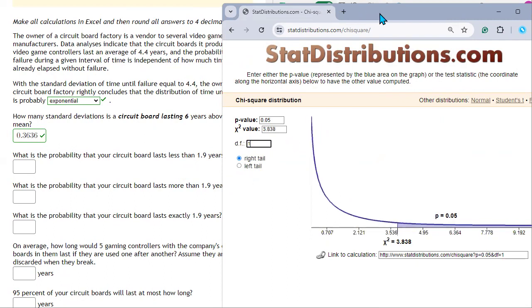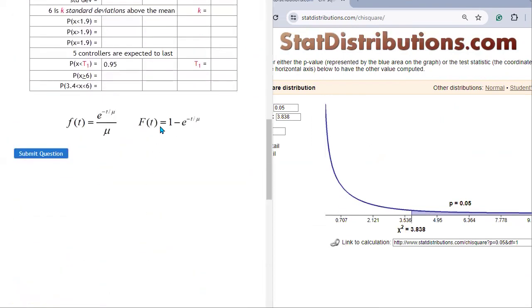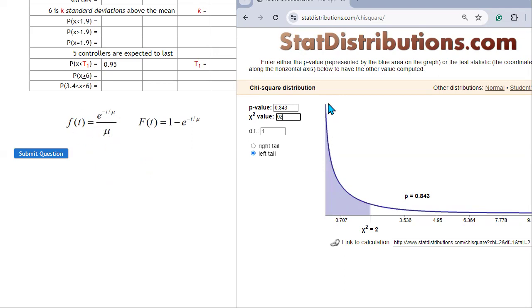Now, to calculate the area under the exponential distribution, you use 1 minus e raised to the minus t divided by mu. Mu is our mean or standard deviation. Sometimes you'll see this as minus t times lambda. And lambda is just 1 divided by mu, the mean, right? This function draws out that curve, and this function computes that purple area.